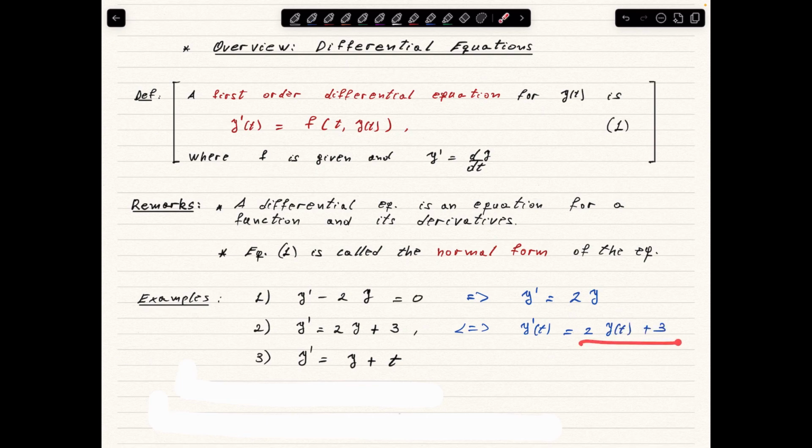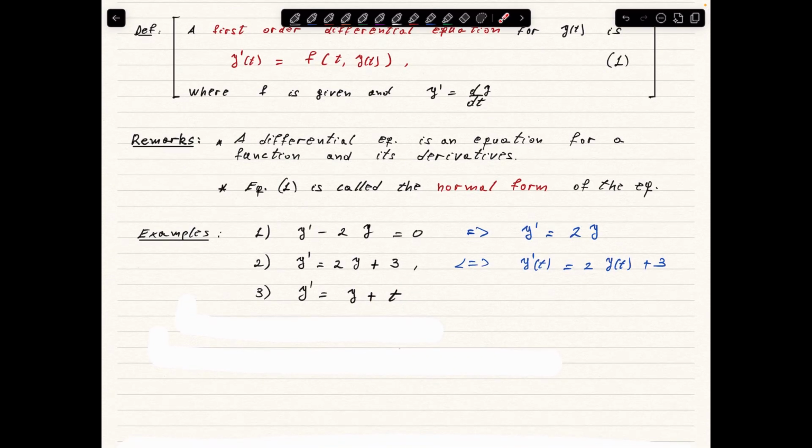So on the right hand side we have y of t, but for example in this differential equation we don't have t explicitly in the equation, because this term is a constant. But in this other example we have t inside the function, of course, but now the equation contains explicitly the variable t.